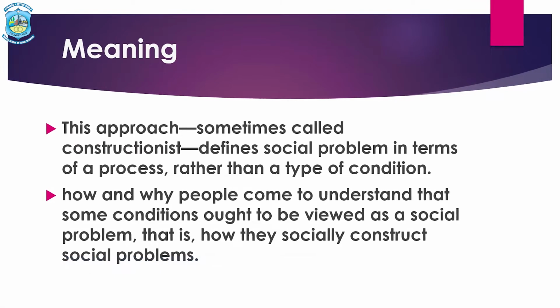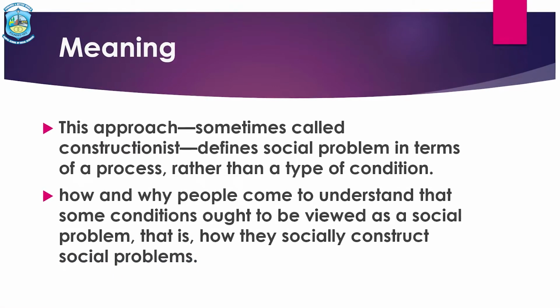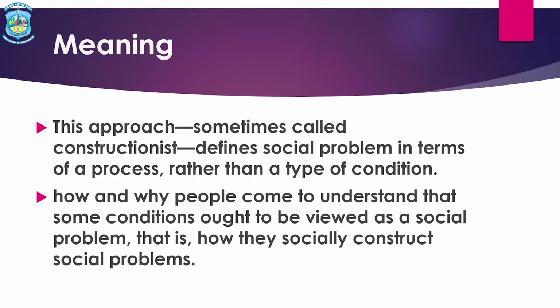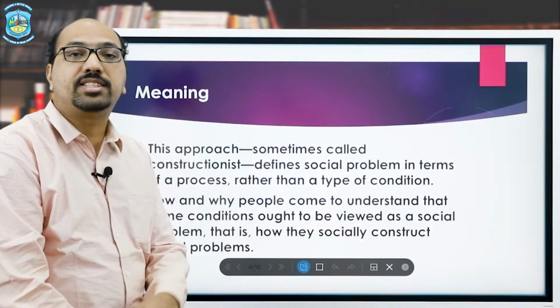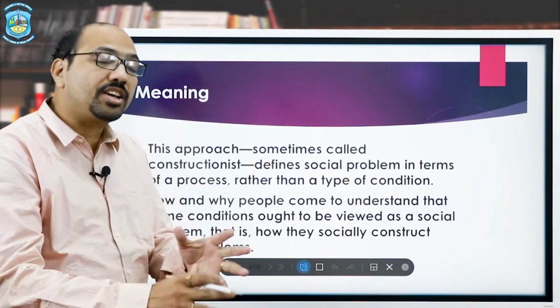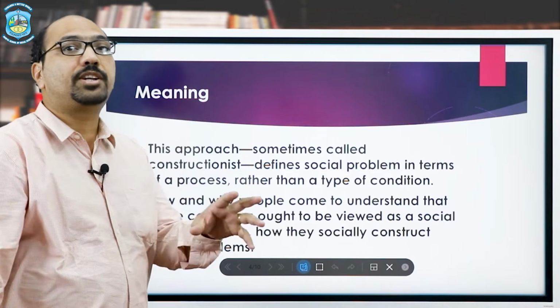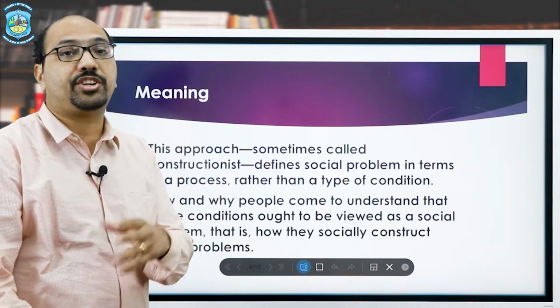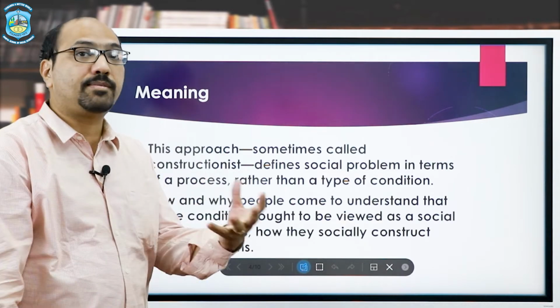In this approach, most of the time a particular situation is chosen, and then people try to create a kind of activism around that particular condition in order to convince a large section of society that this particular condition has the potential to damage, or can cause damage in the long run to society in some way.